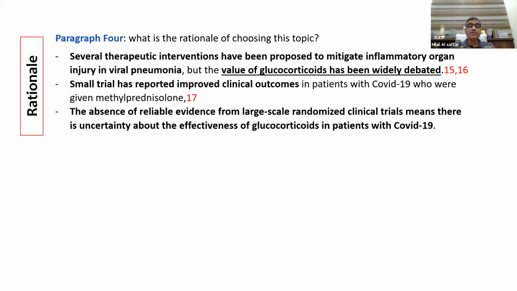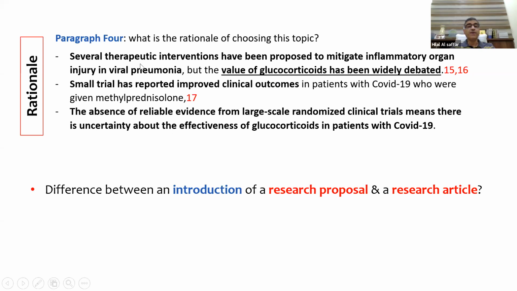I stress two important things whenever you are writing a research introduction. Is there any difference between an introduction written in a research proposal or in research for publication? Actually, no, but when you submit your article to a medical journal, at the bottom of the paragraph you should write the objective, while in a research proposal we have the objective in a separate section.